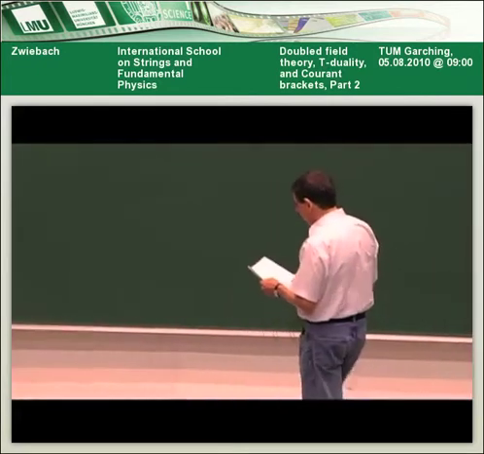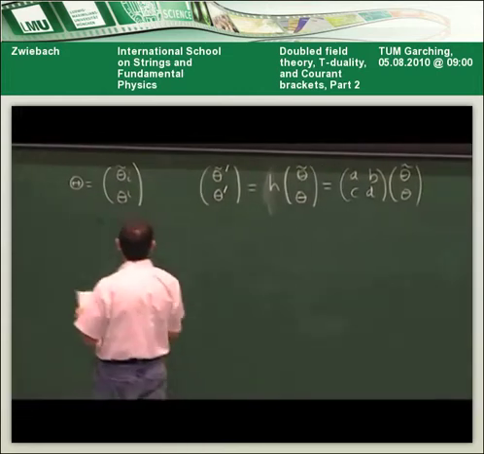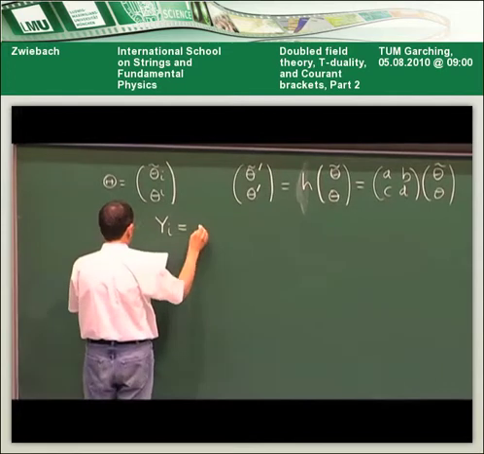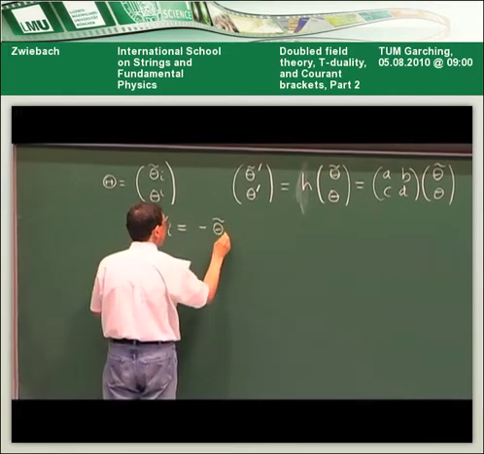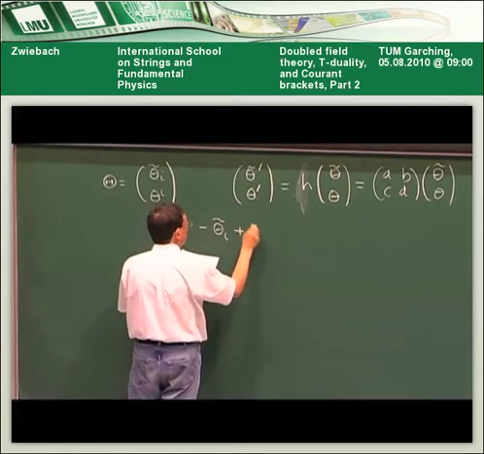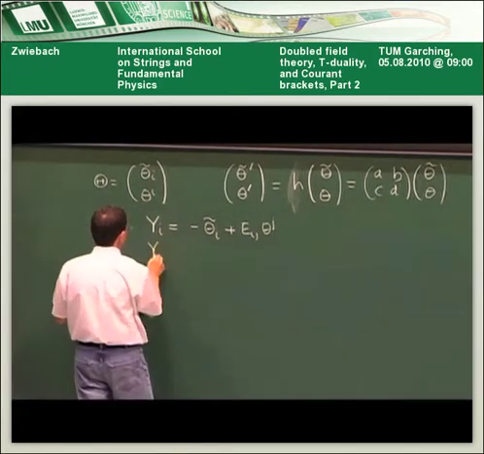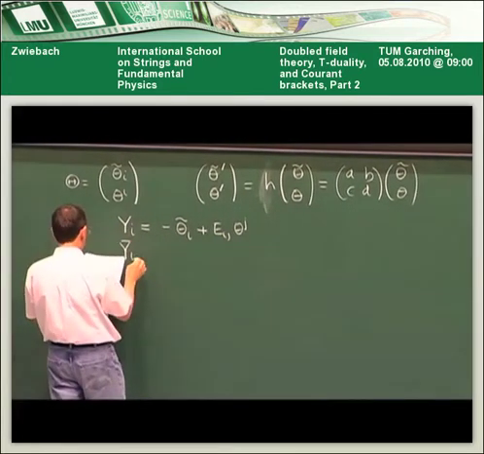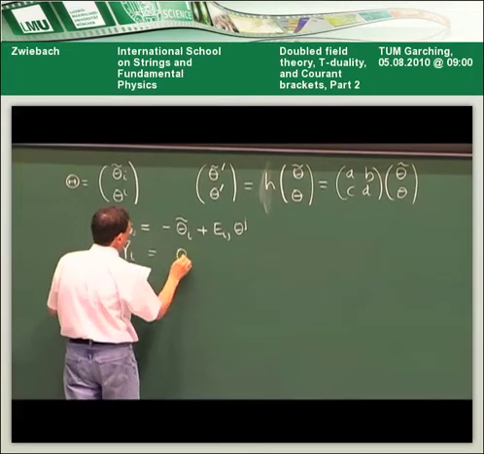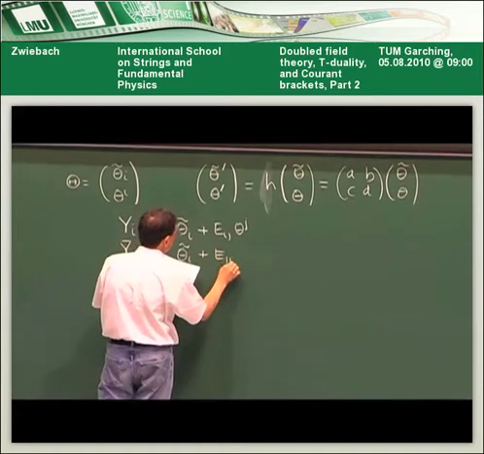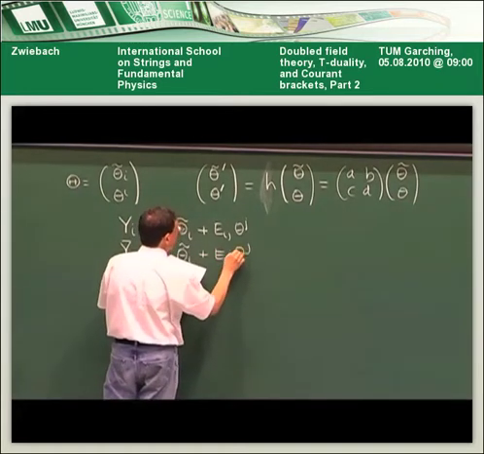Now you can define two different objects. An object y sub i, which would be minus theta tilde i plus e_ij theta j, and y_i bar, which would be theta_i tilde plus e_ji theta j.